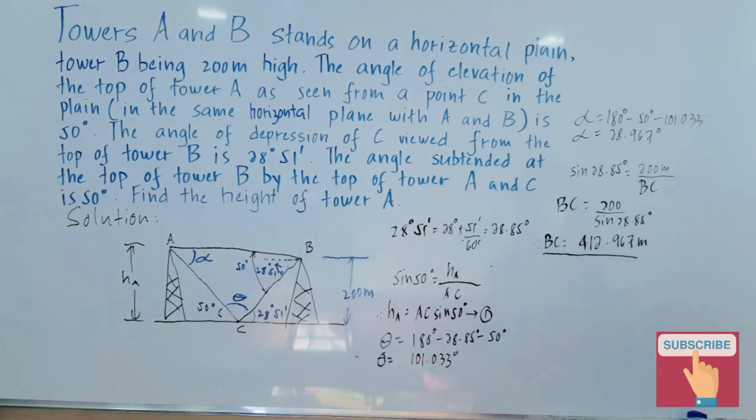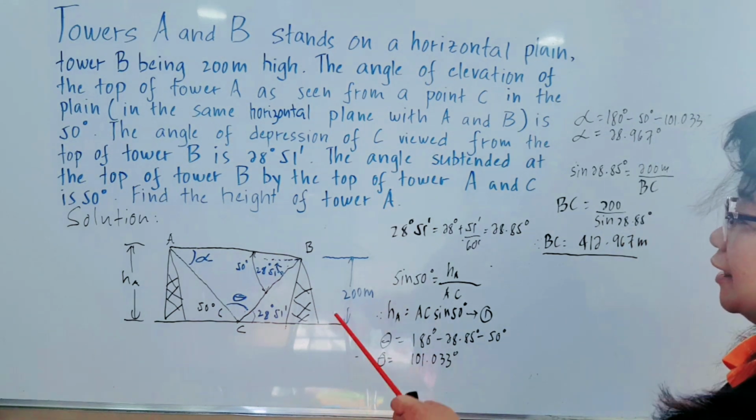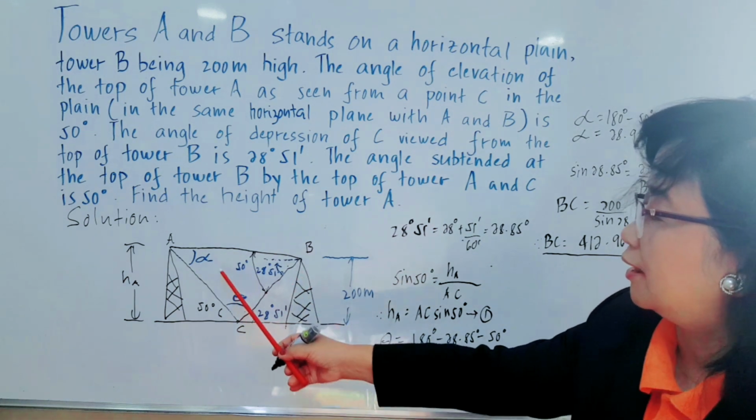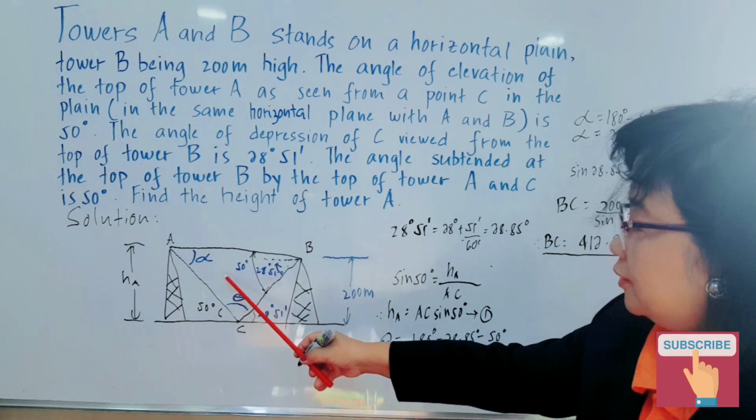Now, we can use the law of sine formula because we have already BC, and all the angles are given.